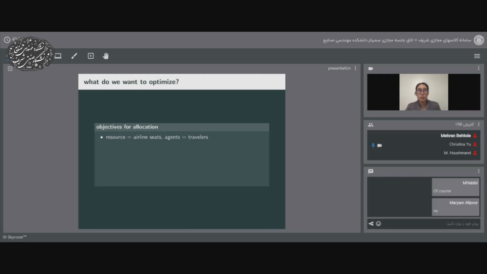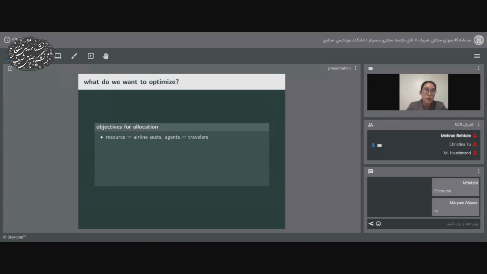All right, so we can ask what is our objective for this allocation? What is the thing that we really want to optimize? And this will depend on the application. Suppose your allocation setting is that you're allocating airline seats, and now the individuals arriving to compete for the resource are going to be travelers, with different utilities, willing to pay different amounts.